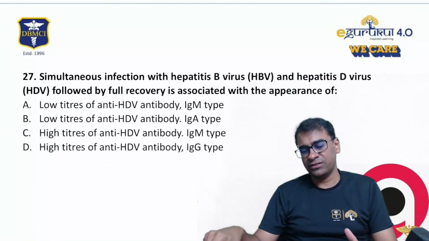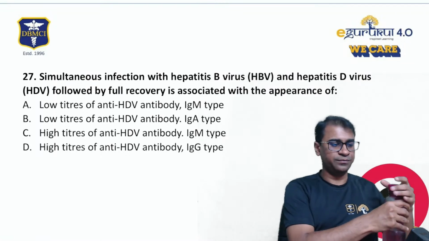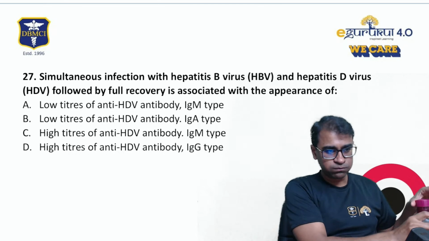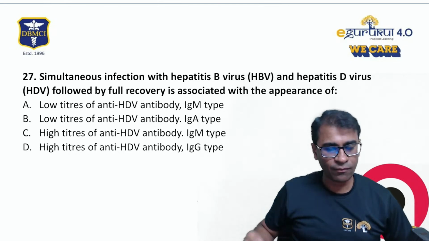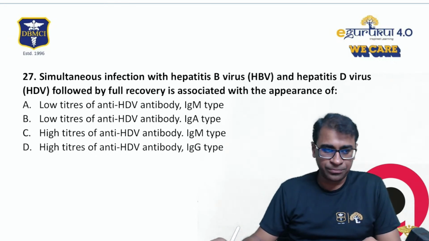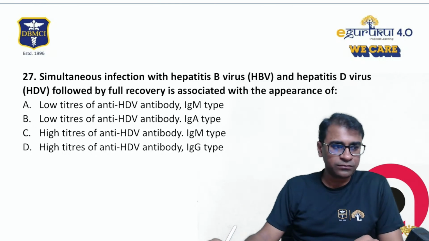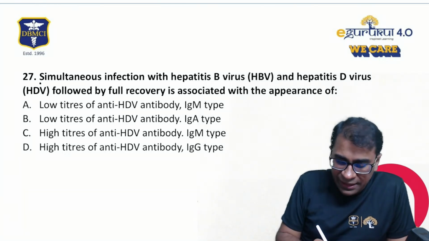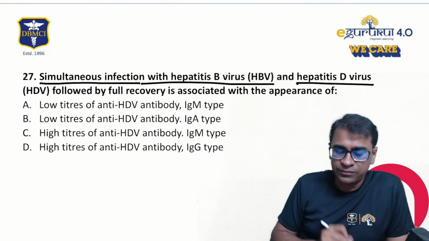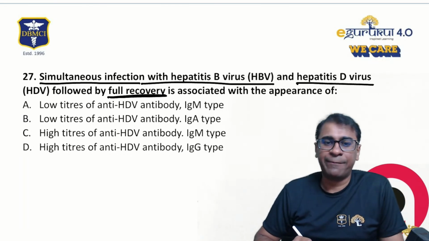Now this is a tricky one. What did you write for this? Think of the answer, all of you. Simultaneous infection with Hep B and Hep D followed by full recovery is associated with appearance of what?